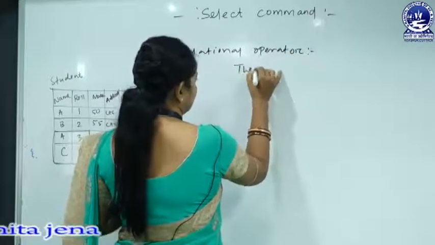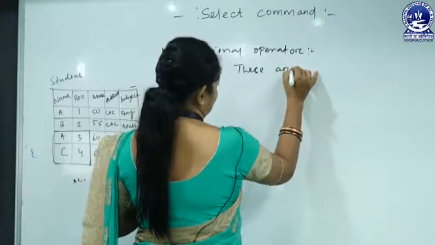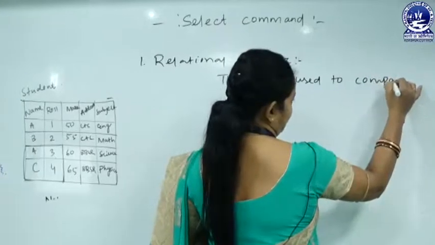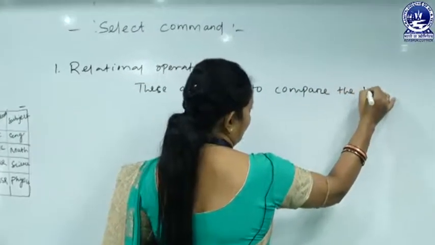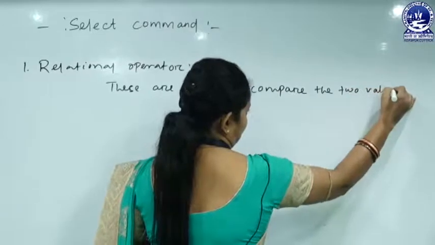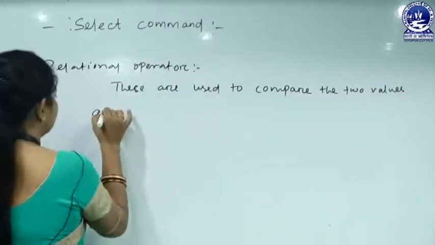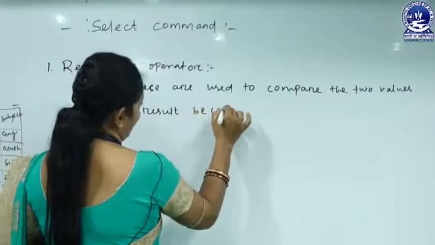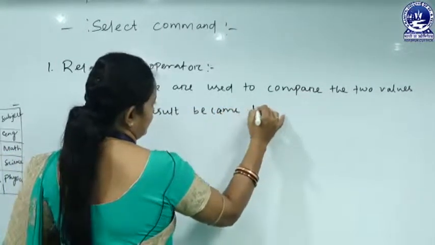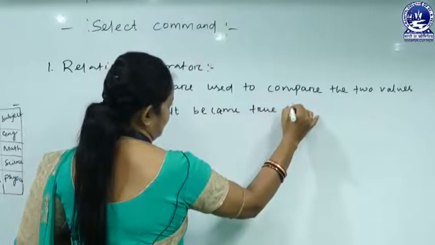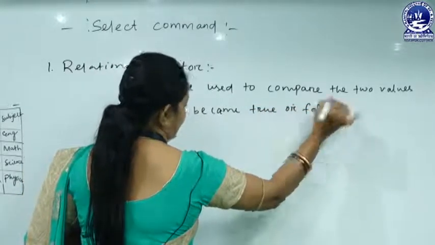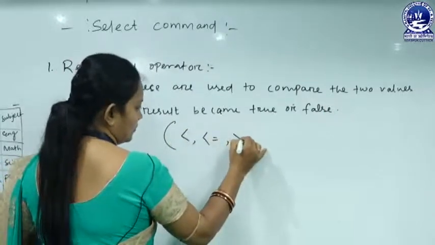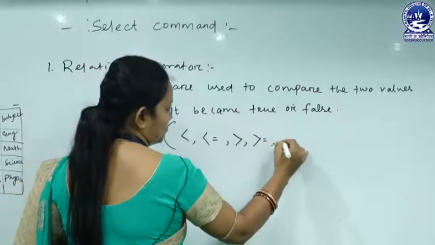The relational operators are less than, equals to, greater than, less than or equals to, greater than or equals to, and not equals to.